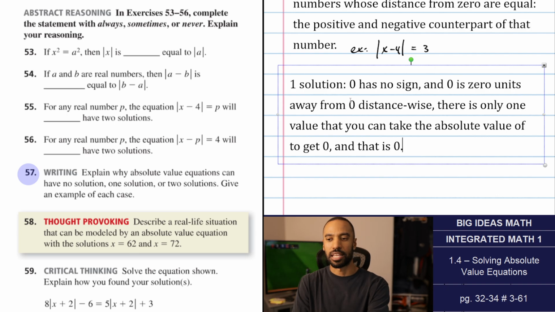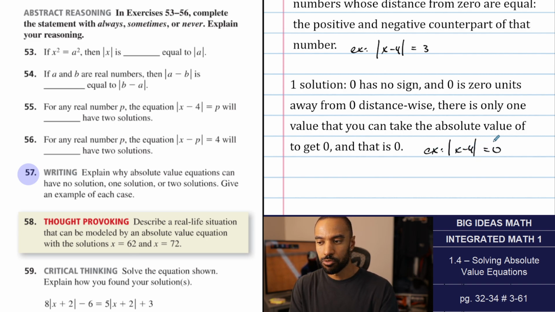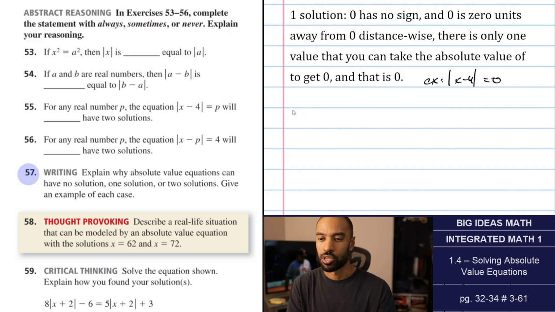It sounds really weird, but that's the one solution case. So when I do the absolute value of x minus 4 again, and it equals 0, what gives me 0? Just 0. There's no positive and negative 0. There's only one solution, but that's the only one.